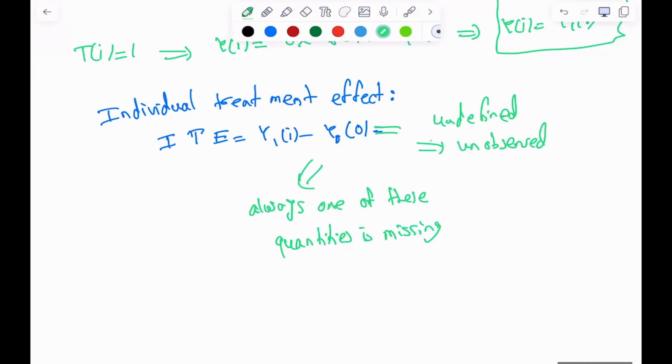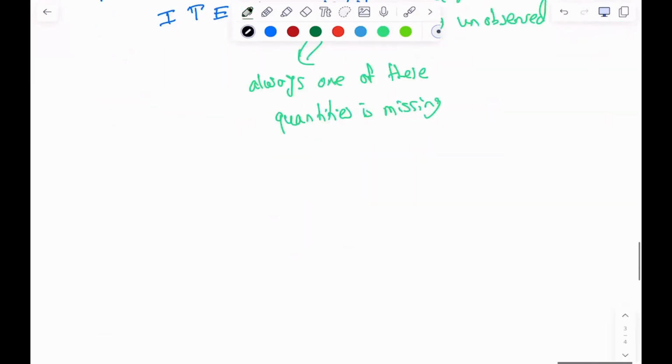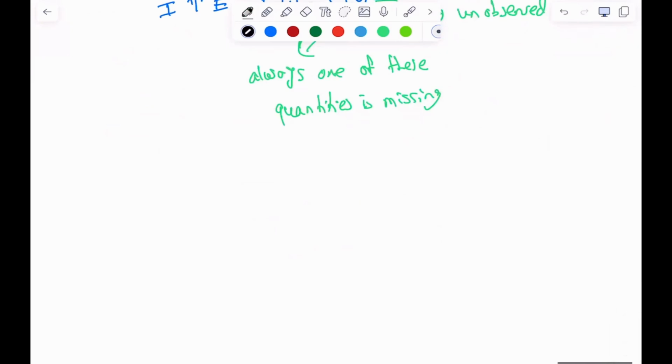Okay? It's very important. Since this is the case, we cannot define the individual causal effect. And this is not a valid or defined quantity. Therefore, we need to use a population-based outcome. We need to use a population because at an individual level, this is not going to work.